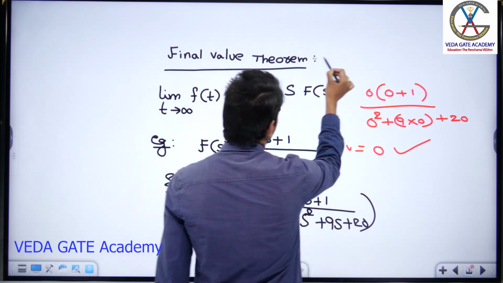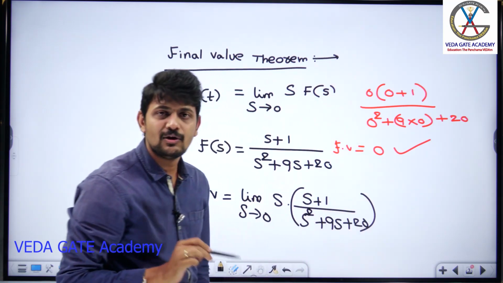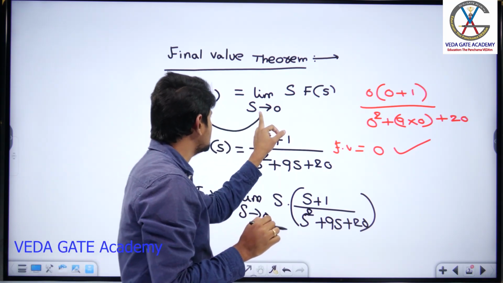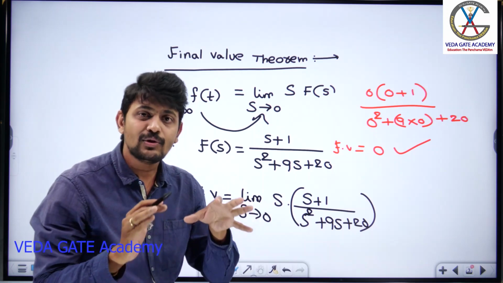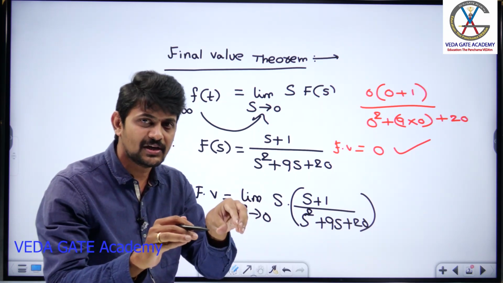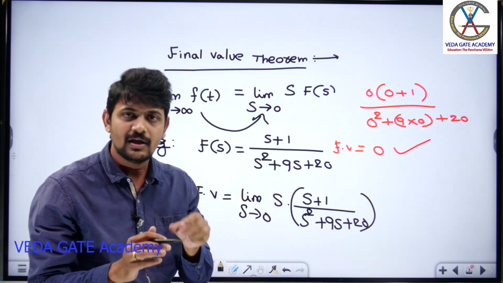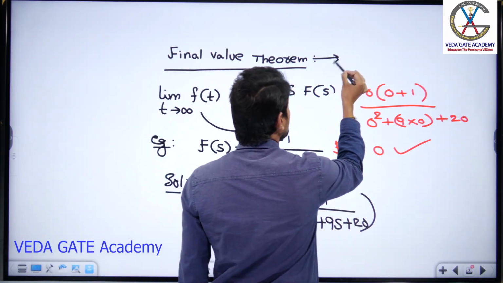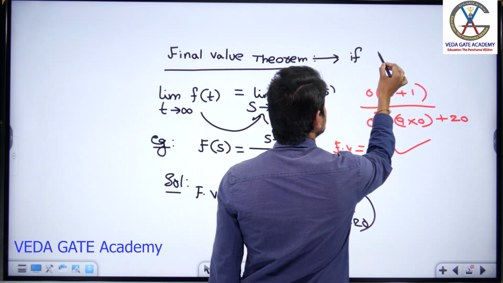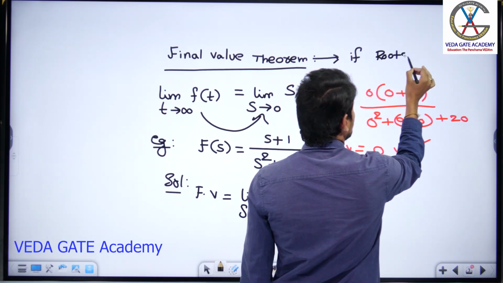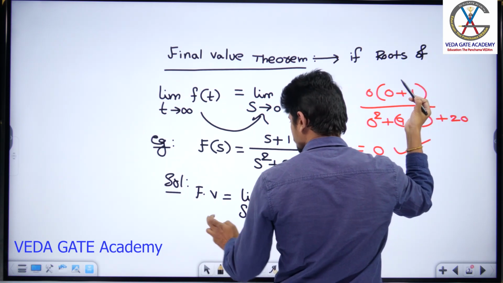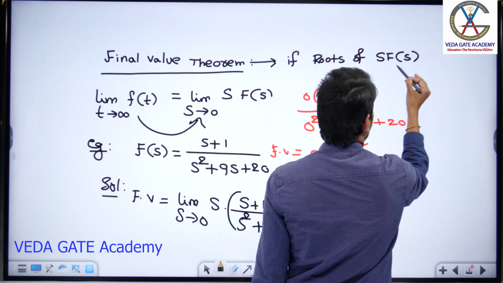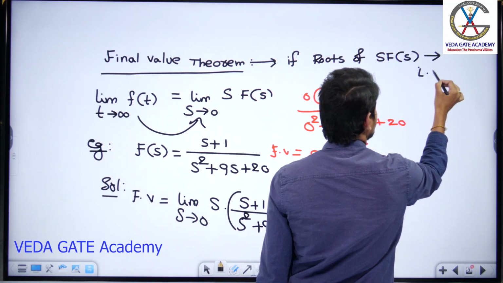So if you are taking the final value theorem, generally the final value theorem is applicable. The derivation, that means how we are getting this formula based on derivation. During the derivation, they have restricted this formula to some particular condition, and that restriction is the final value theorem is applicable only if the roots of s into f of s lie in the left hand side of the s plane.